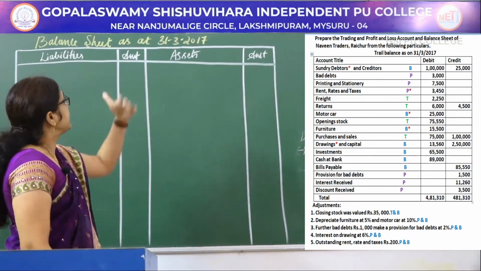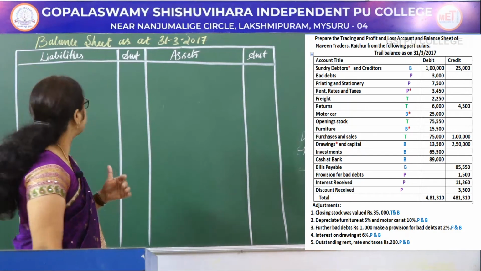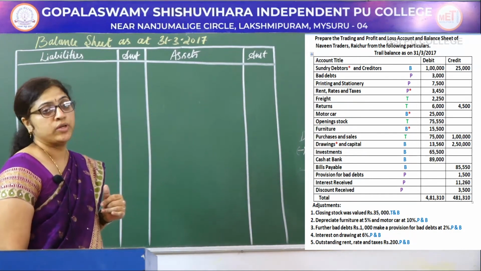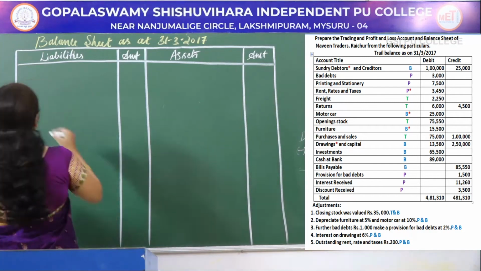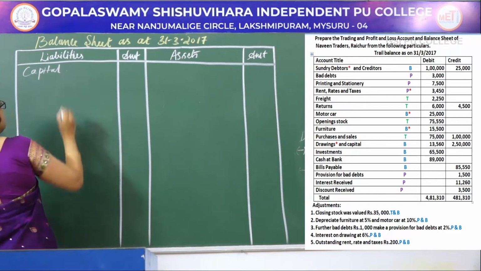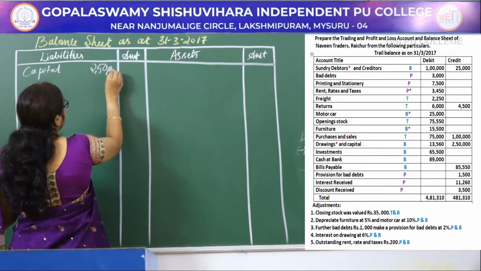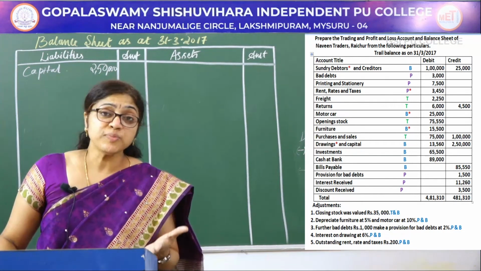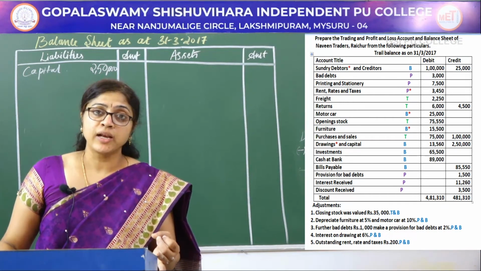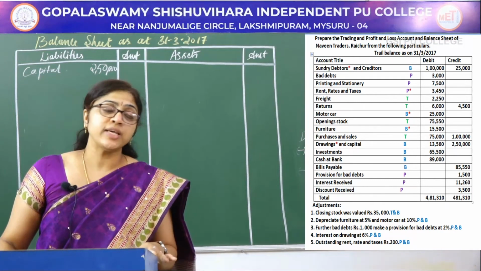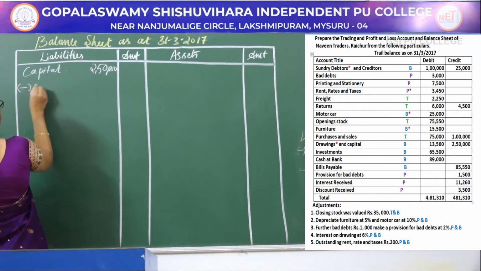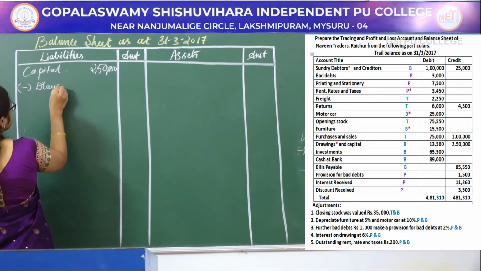Now let us prepare the balance sheet. Write the heading balance sheet as at 31st/3/2017. Liabilities, amount, assets as well as amount. So first bring the capital amount, capital 2,50,000. So in this problem there is no net profit, no interest on capital, but drawing amount is given. So less drawings.